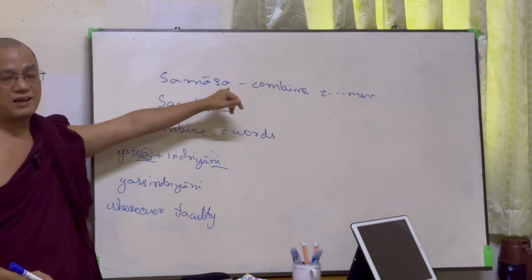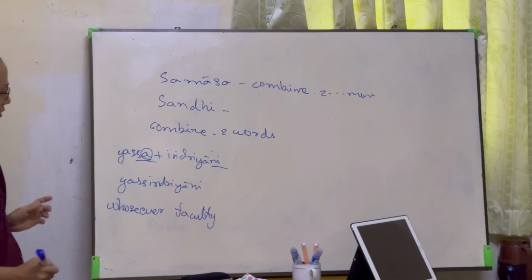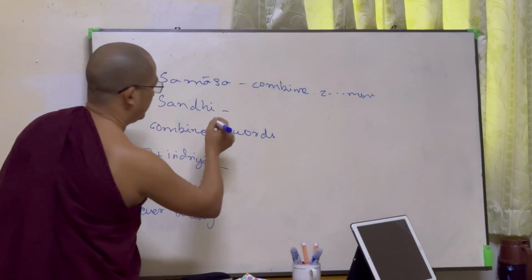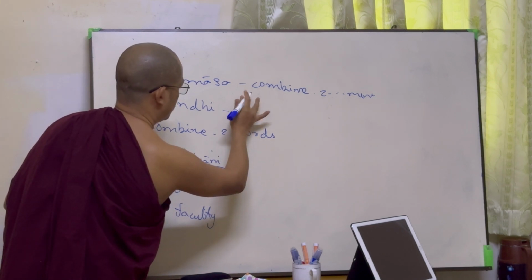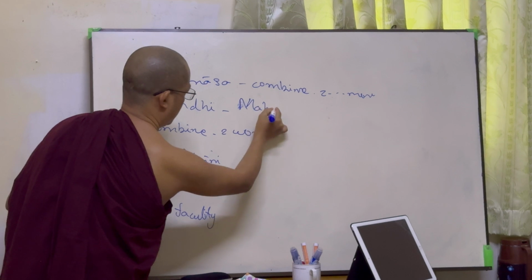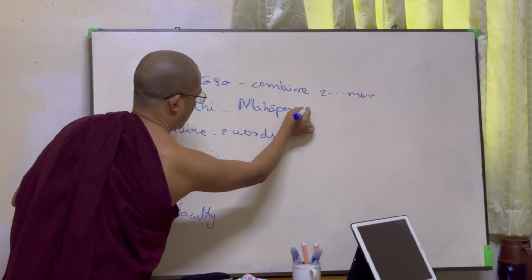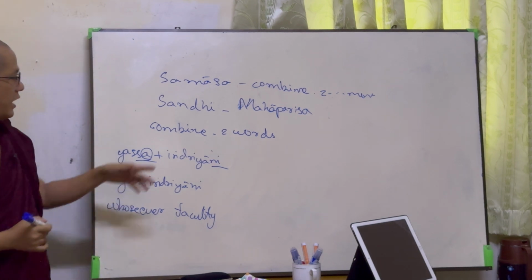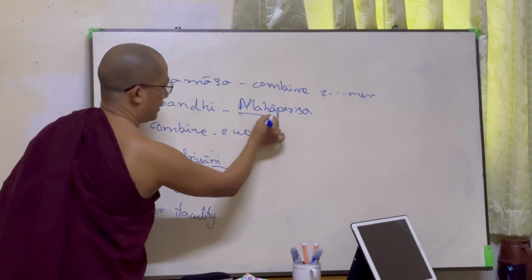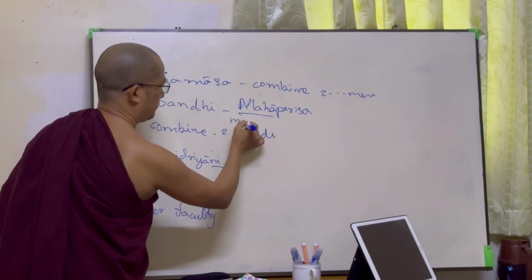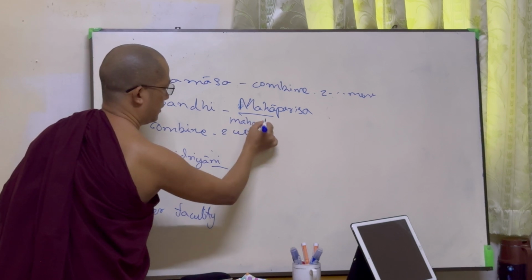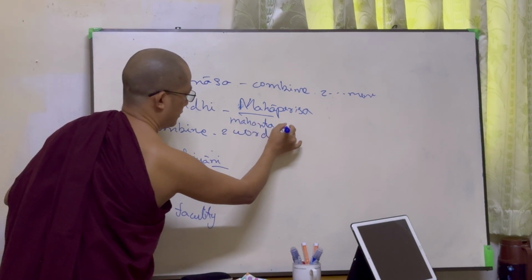But Samāsa is not like this. Samāsa means we already know the Mahapurisa. Mahapurisa is the Maha that comes from Mahanta plus Purisa.